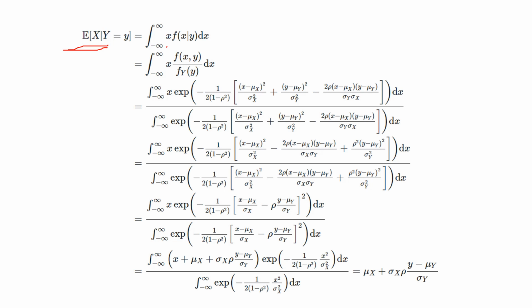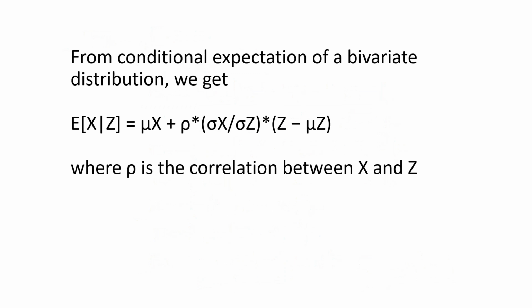Now the conditional distribution can be written as the joint distribution of x and y divided by the marginal distribution of y, and then we can plug in the values and solve to get the bivariate conditional expectation of x given y. Now there's more than one approach to solve this. You don't necessarily have to use integrals. You can just solve this using expectations.